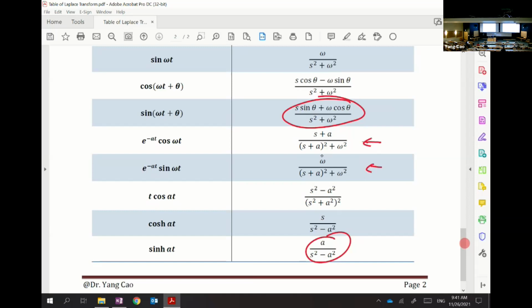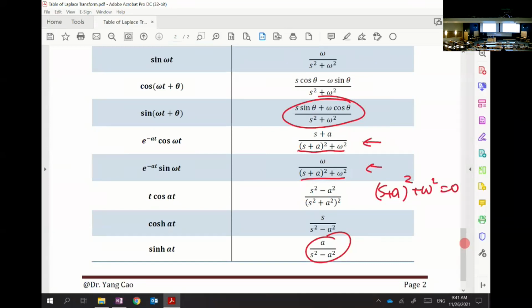Can somebody tell me what is the root, or poles, for these two expressions? They're the same thing, right? The denominator here is the same thing. If you look at this, (s plus a) squared plus omega squared, you set it equal to 0. What do you think the roots for s are? Do you think it's a real number, or something else?